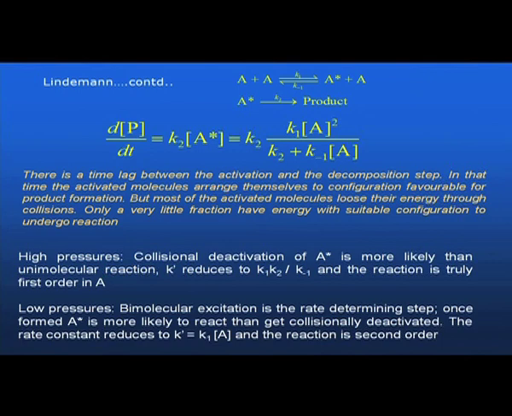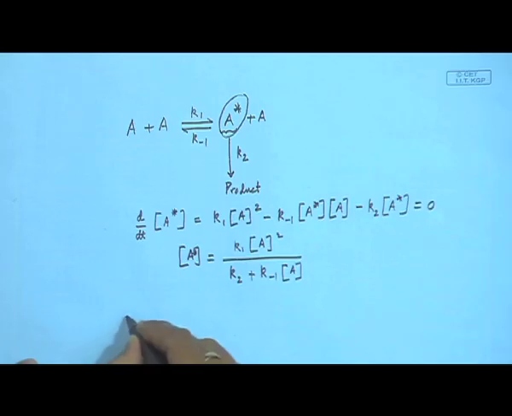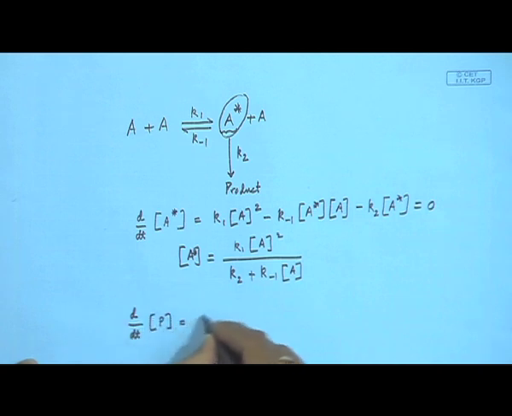So, the rate of product formation d dt is equal to K2 into the concentration of A star.